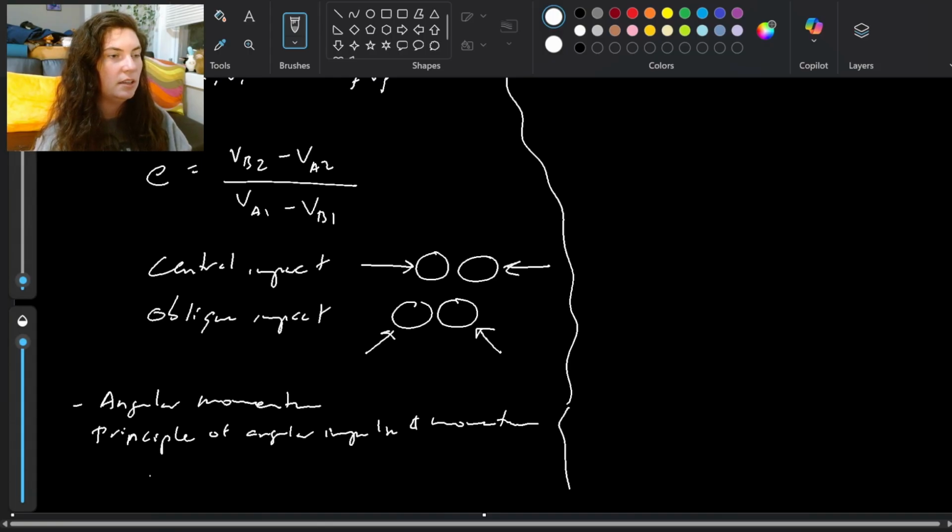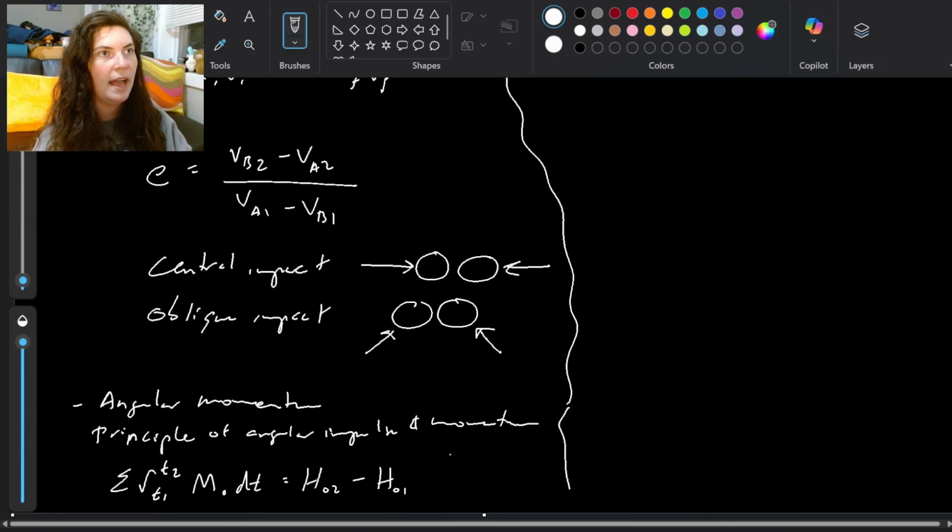So instead of having this F dt, we had a summation of moments. The integral from t1 to t2 of all of our moments dt equals our final angular momentum minus our initial angular momentum, where our angular momentum H is r cross mv.